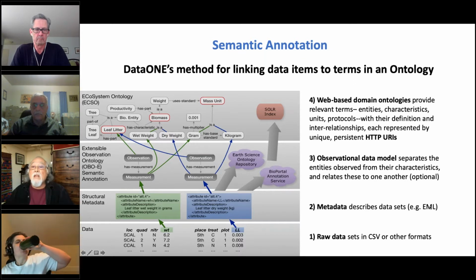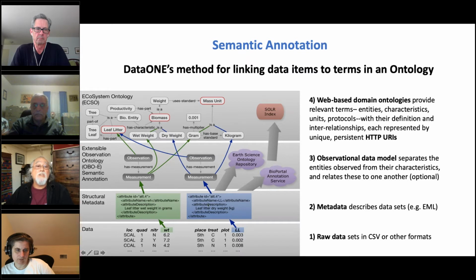And then in DataONE, we describe all those data sets in a metadata language called EML, which is basically an XML style metadata language. I think the LTER community also uses EML in their EDI, environmental data repository. We then optionally can pull these, we can describe the metadata.